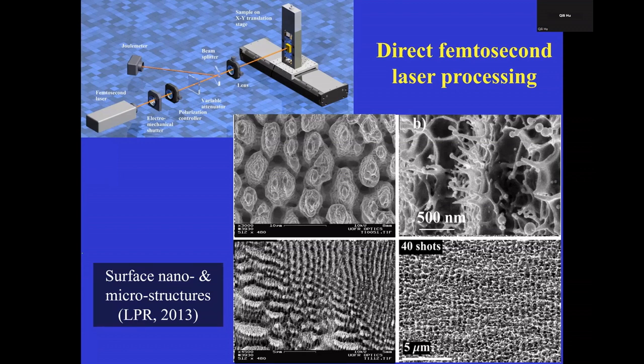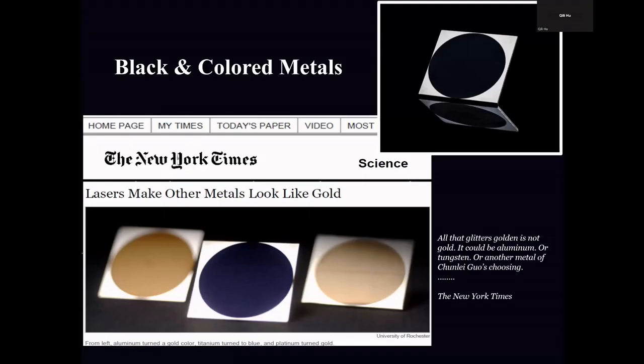Through a lot of physical processes that I don't have time to get into, for example plasmonic interactions, we were able to really get a leg up to start exploring a range of technologies.